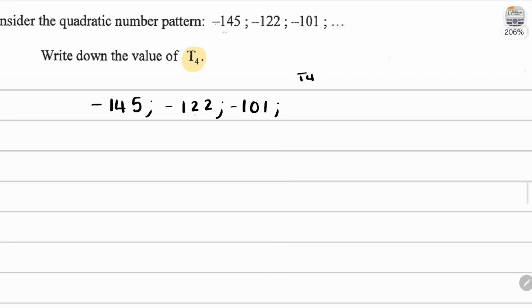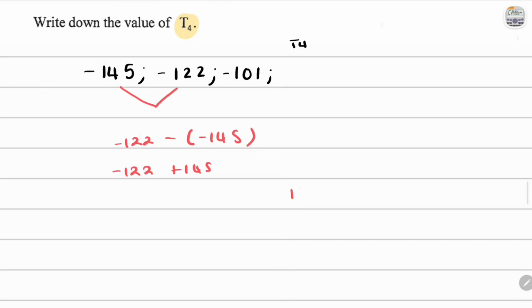We find the first difference by saying the next term minus the previous term. So that's negative 122 minus negative 145, which is really just 122 plus 145. What is 145 minus 122? That's 23. So we have 23 over there.